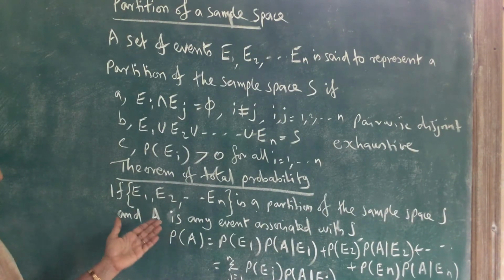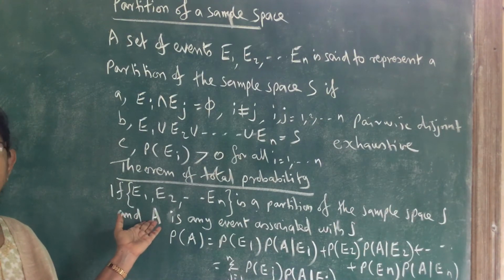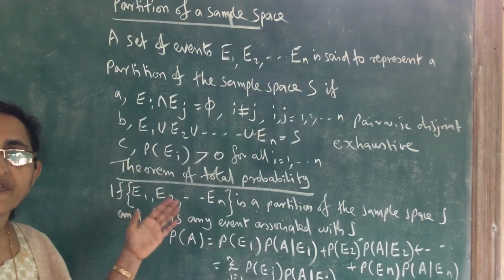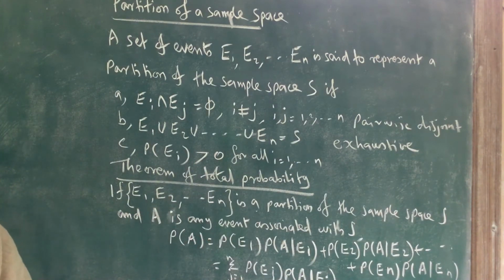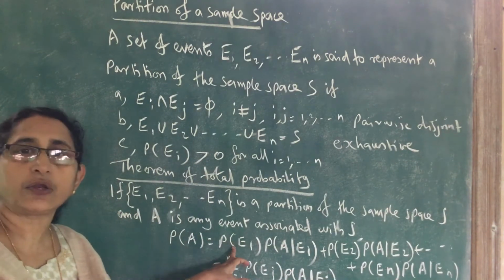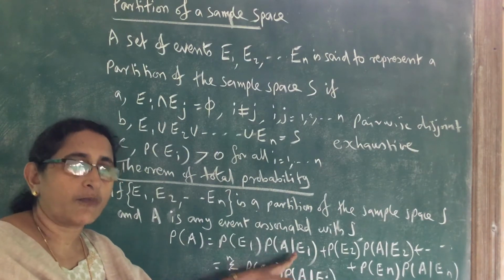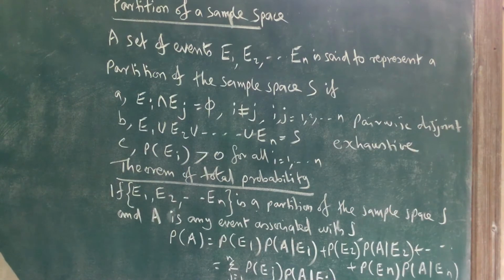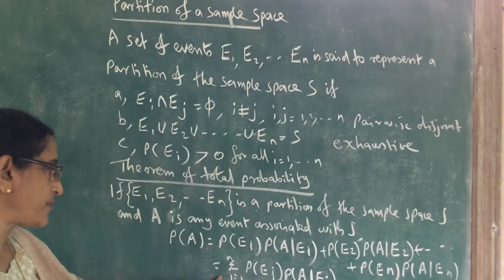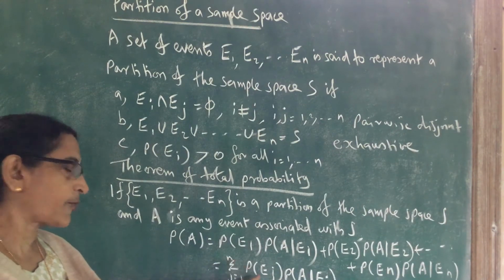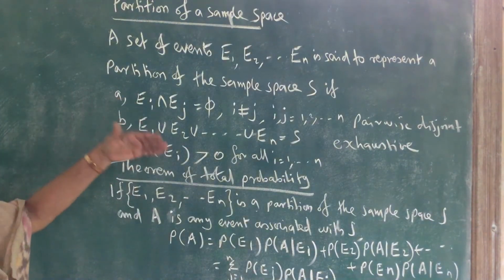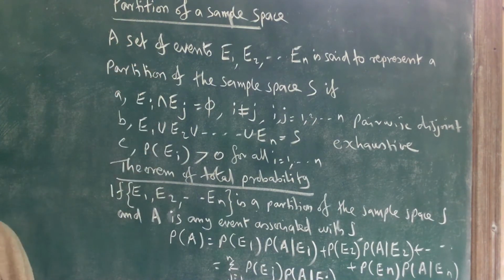And A is any event associated with that random experiment or the sample space, then probability of A is equal to probability of E1 into probability of A given E1 plus probability of E2 into probability of A given E2 plus etc. probability of En into probability of A given En, or using sigma, sigma j equal to 1 to n probability of Ej into probability of A given Ej.